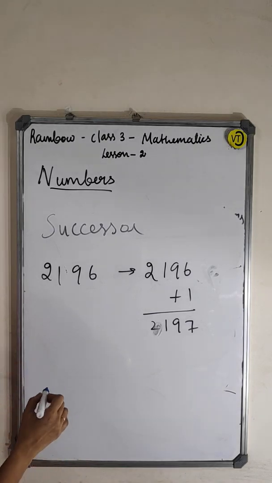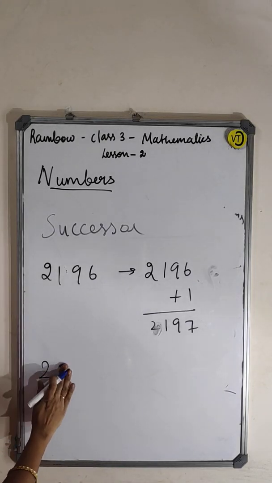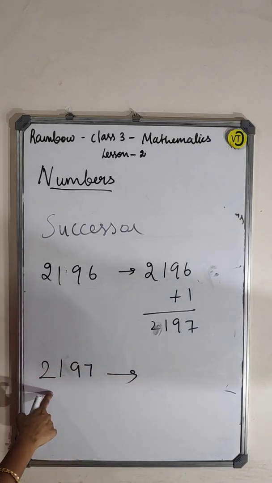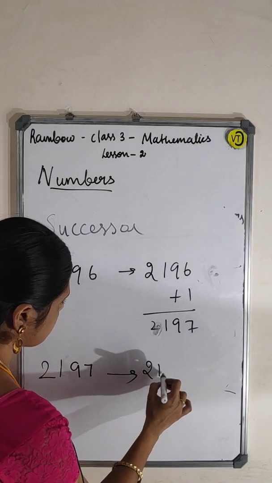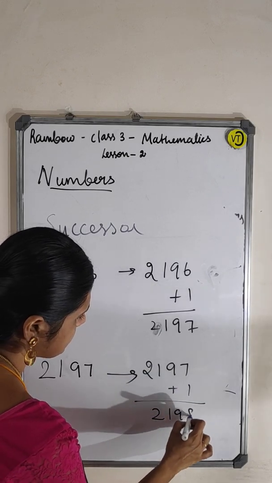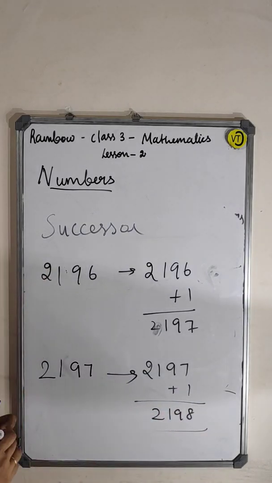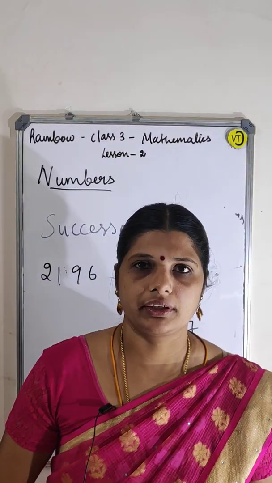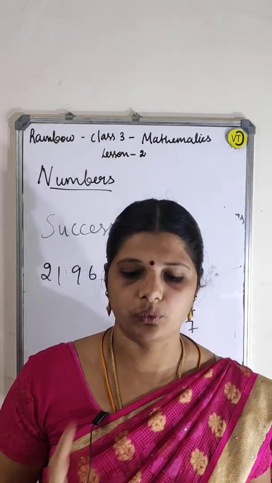One more number I will give you. 2197. What is the successor of this number? Again, 2197 plus 1 is 2198. The successor of this, just 1 you have to add. The immediate number, the next number, means you have to add 1.